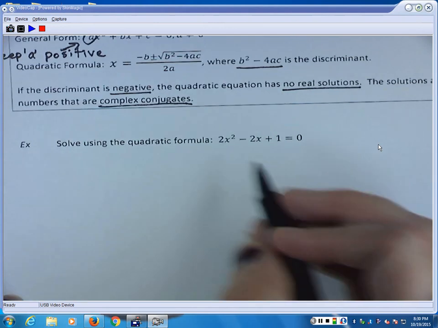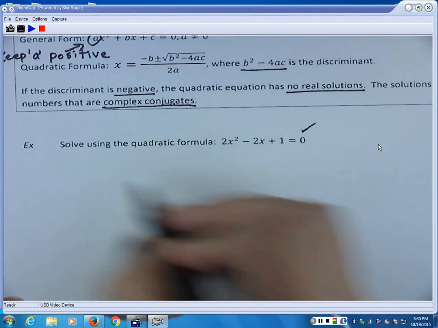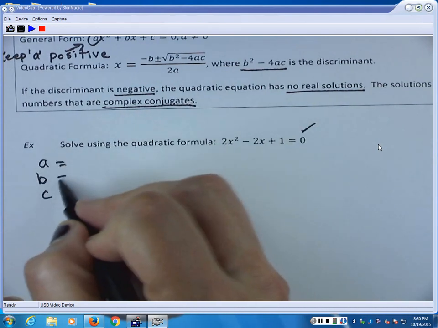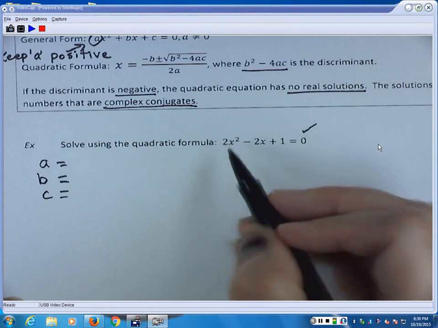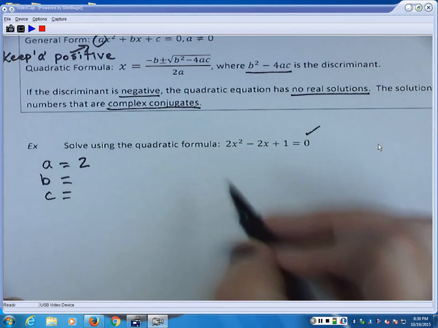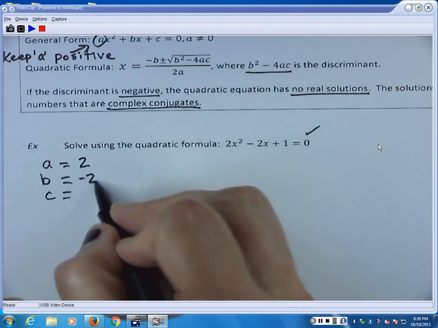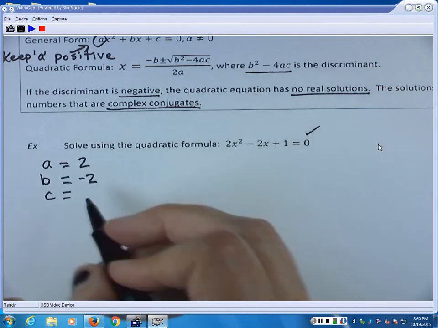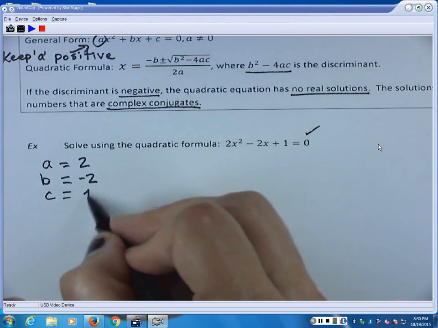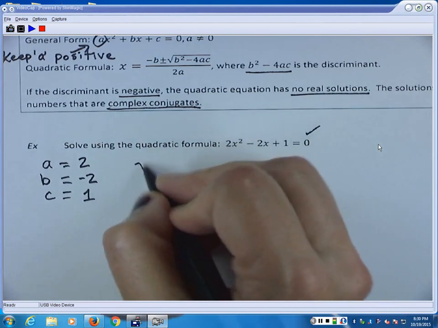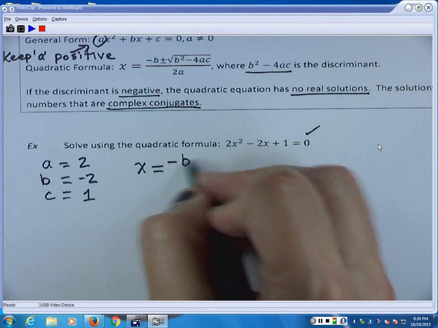So this is set to 0. So we identify what a, b, and c are. a is the number in front of the x squared term, that's 2. b is the number in front of x, that's -2. And c, the constant, is 1. Good math is you write your formula down and substitute carefully.